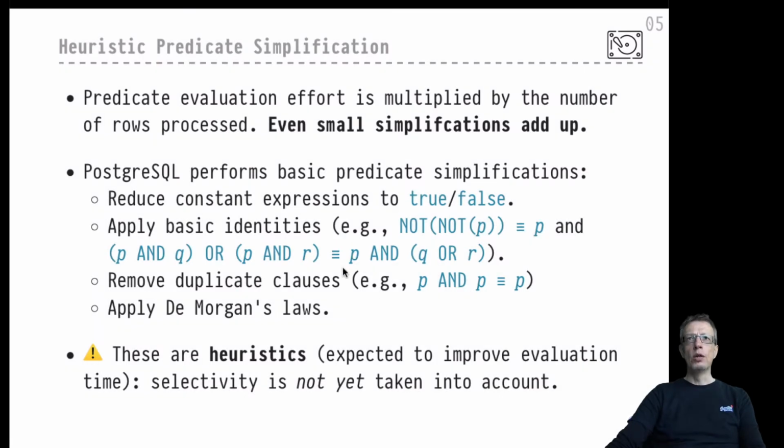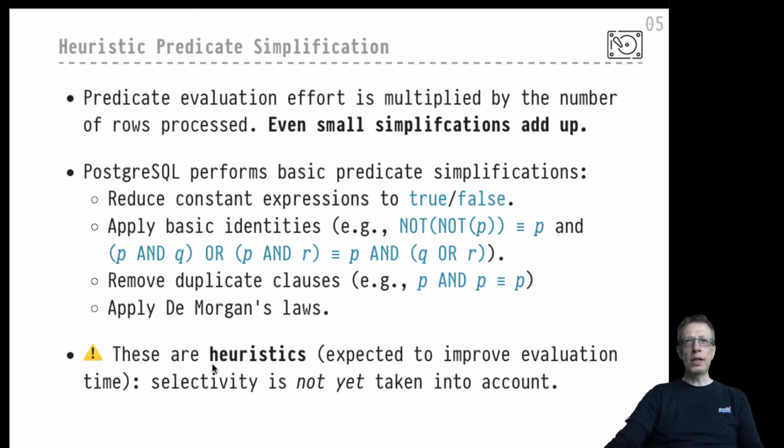Okay. Then we might see duplicate clauses that can be reduced, and we can apply rewrite rules to Boolean formulas that are well known, and that might open up other simplification opportunities for us. All of this is found in the heuristic predicate simplification of PostgreSQL.